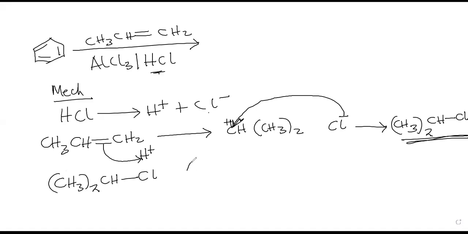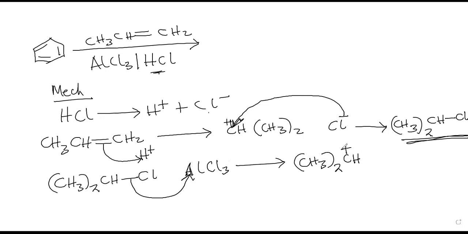So we have aluminum chloride. Bring it here, it attacks this. So you'll be forming CH3, 2, CH plus and aluminum chloride intermediate. Now this is my electrophile, which I will use.